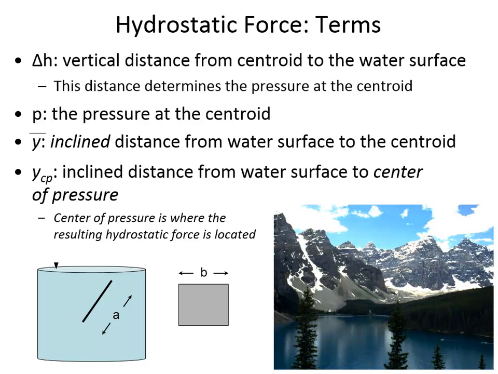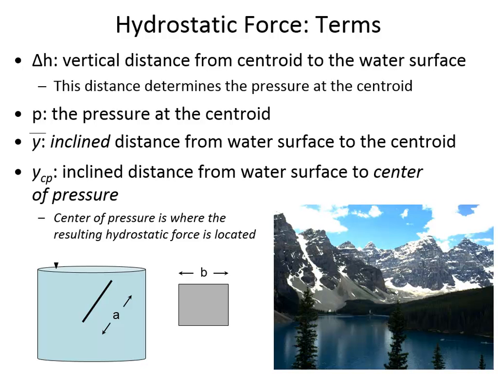If you think about it, there's water pressure all the way up the surface, and it's decreasing as we go higher up. The pressure at the bottom of the plate is greater than the pressure at the top of the plate because the bottom is lower. But we could integrate that pressure.